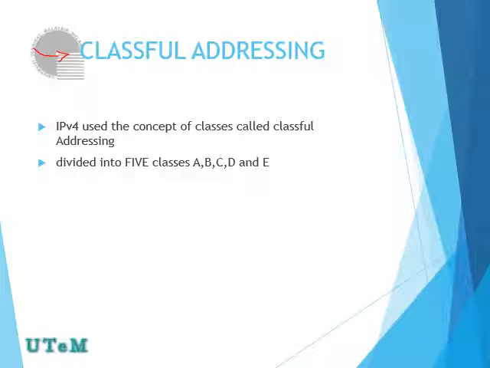Now we are going to the next topic, the next point in this chapter, which is classful addressing. So IP version 4 can be divided into classful and classless, and this is classful. It means that the IP will be divided into classes. IPv4 uses the concept of classes called classful.